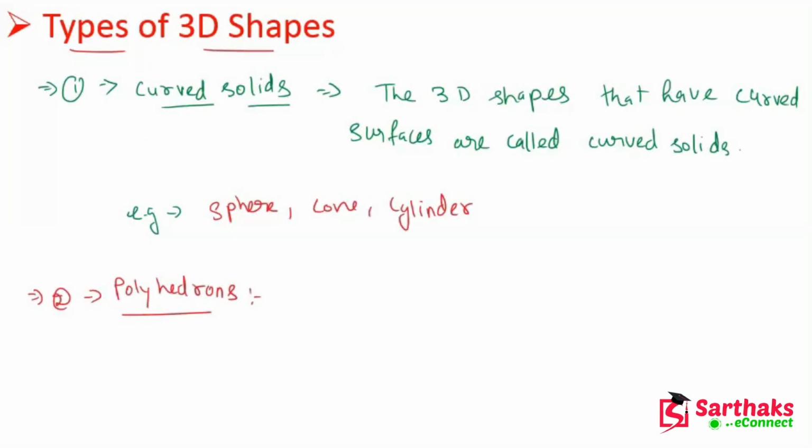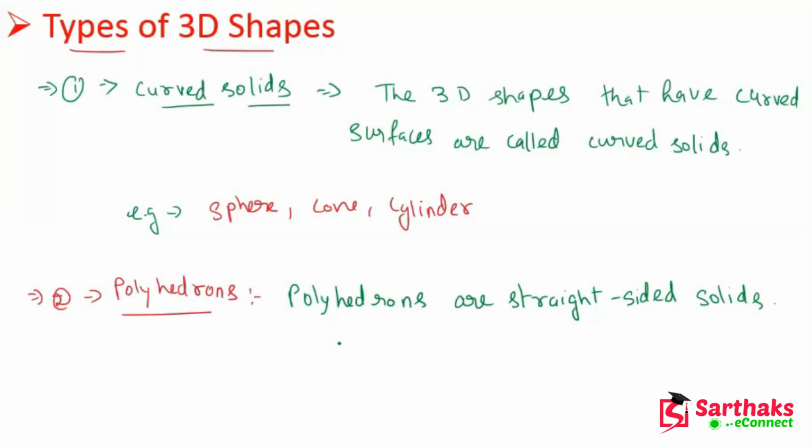Polyhedrons are 3D shapes that are straight-sided solids. A polyhedron should have straight edges, and flat sides which are called faces. It must have corners, which are called vertices.